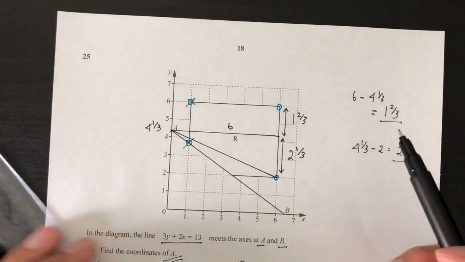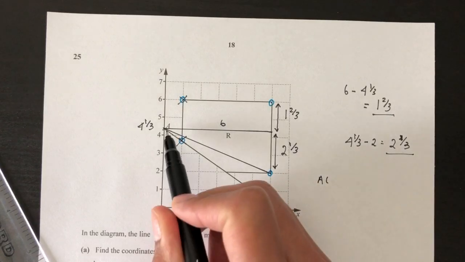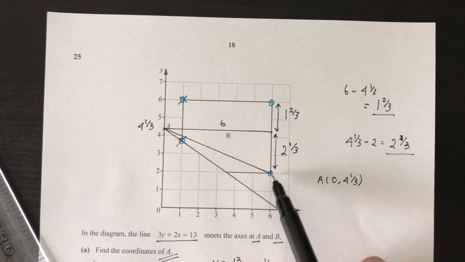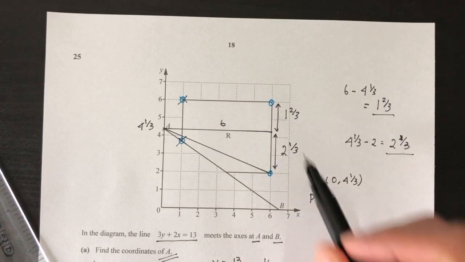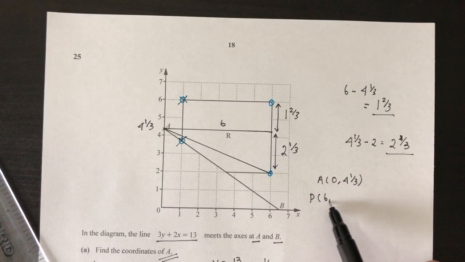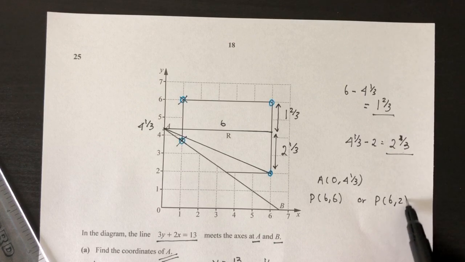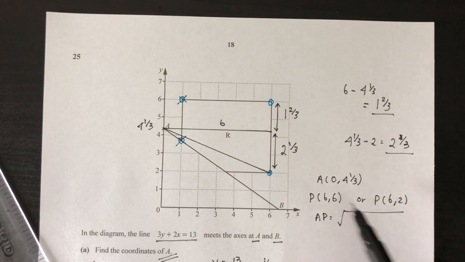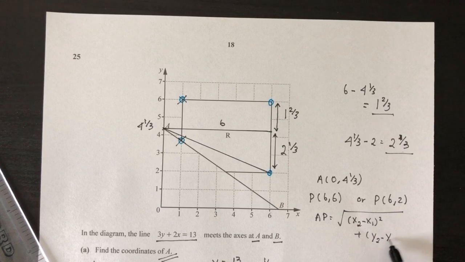The other way is pretty easy as well. We know the point A is given to you by 0, 4 1/3. Now we can choose this or this, right? Let's say point P is this one, so this one is 6, 6, or it can be 6, 2. To find distance, as you guys know already, we use the formula, which is the square root of x2 minus x1 squared plus y2 minus y1 squared.